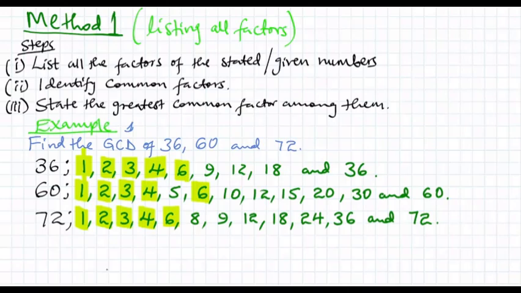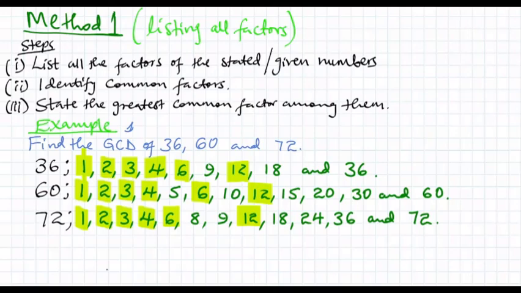Then 9, no. 12 is common. Any other number which is common? 18, no. So those are the common factors in the 3 numbers.